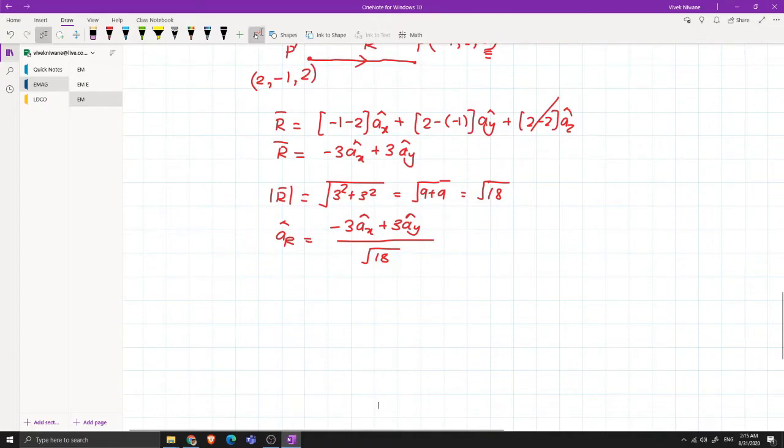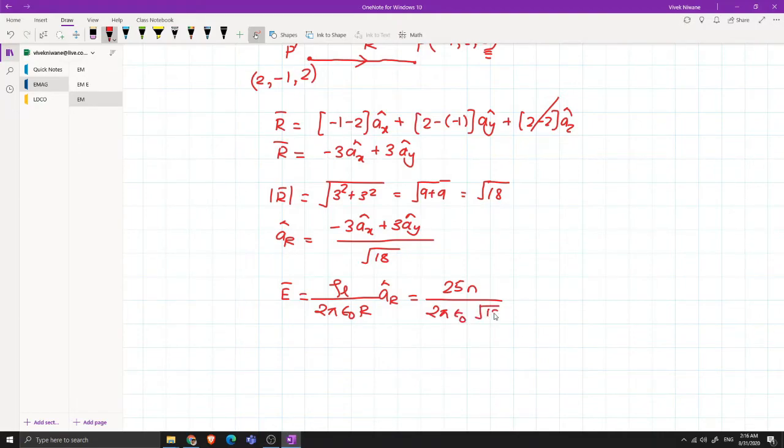Now we do have a formula. I will rewrite the formula. E bar is equal to rho L upon 2 pi epsilon 0 R into a R cap, which is equal to 25 nano upon 2 pi epsilon 0 R, where R is root 18, into a R cap, which is (-3 ax cap plus 3 ay cap) upon root 18.